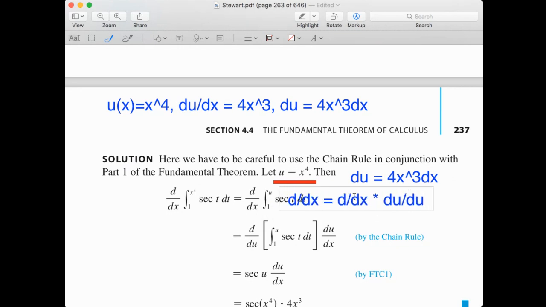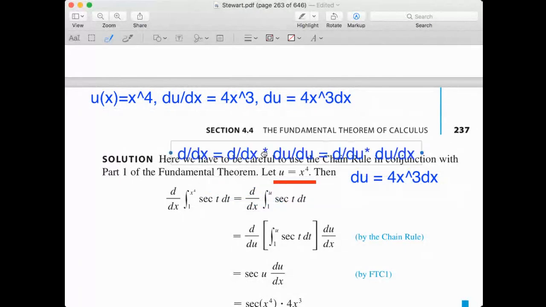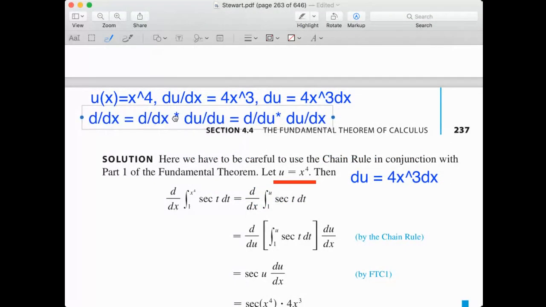Then, because in multiplication we can rearrange the order, we write d/du times du/dx.